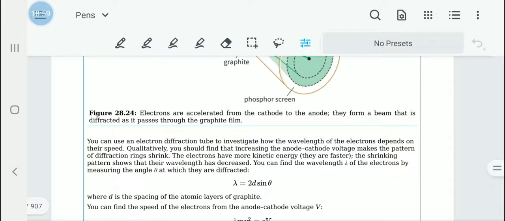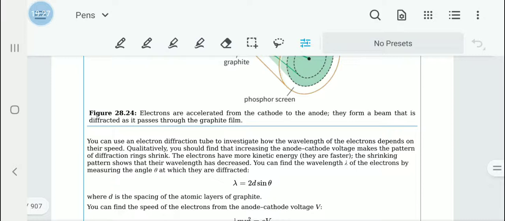Now we can understand how the wavelength of the electrons would depend on their speed. So what we do is increase the anode cathode voltage and watch the diffraction rings change.